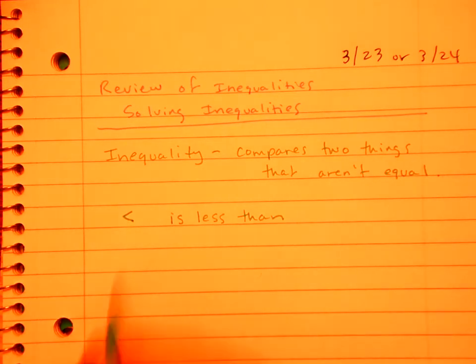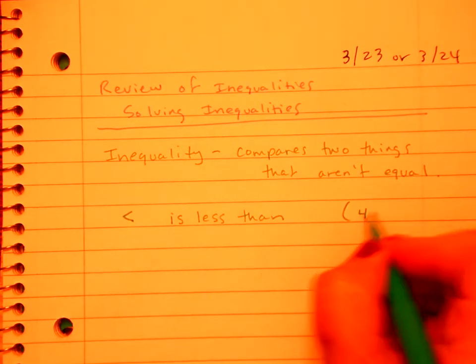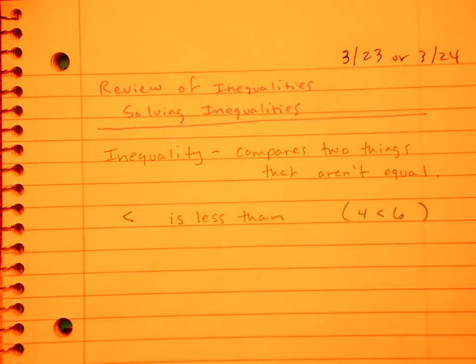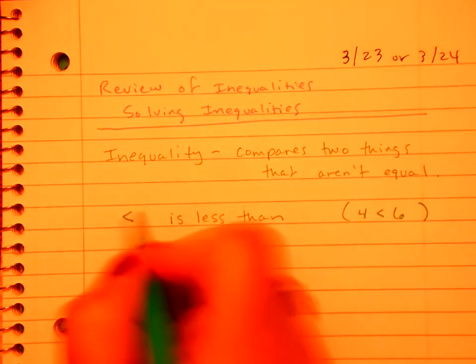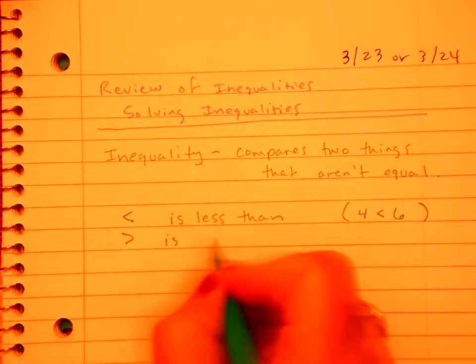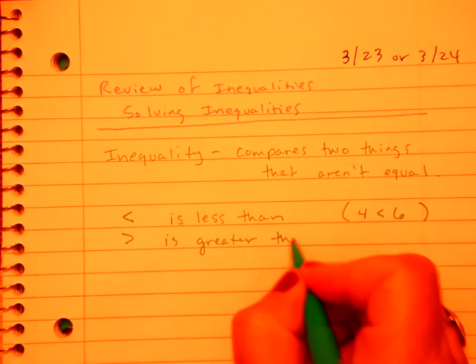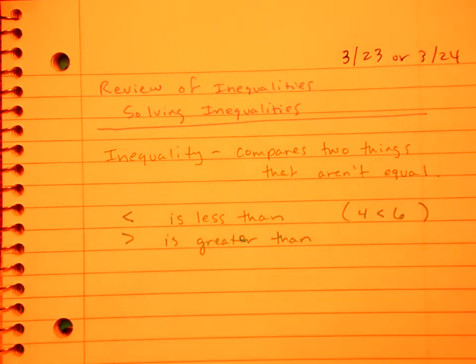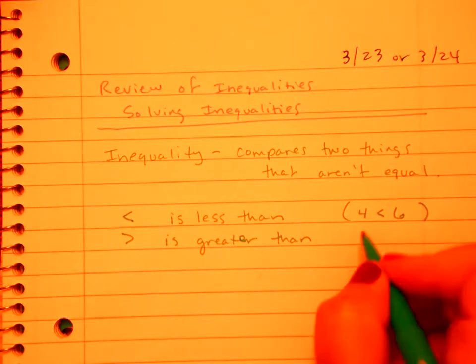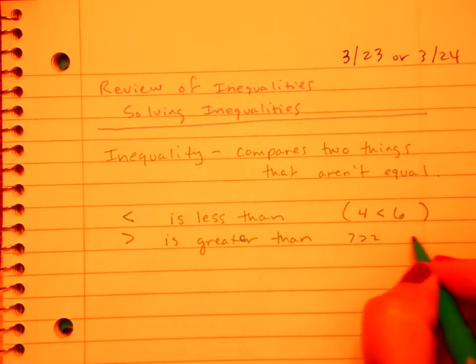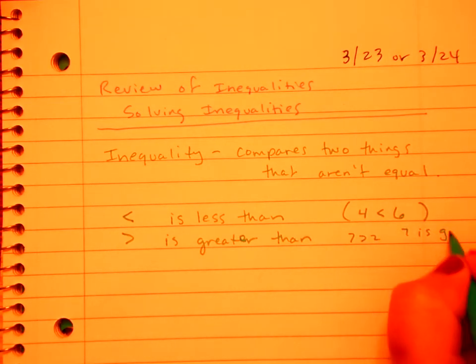For example, 4 is less than 6. You could also have is greater than. So if we said 7 is greater than 2, this would be 7 is greater than 2.